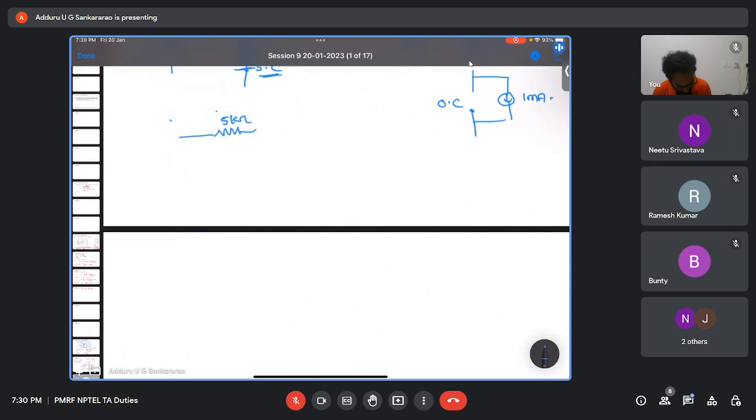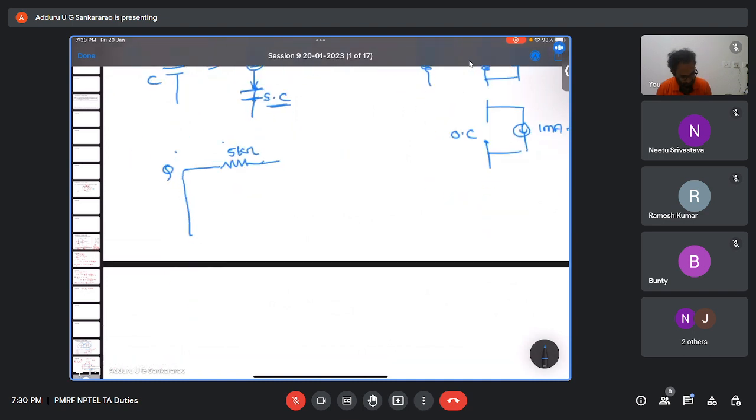It's connected to P or Q, something like this. Instead of the capacitor, I can replace it with Vc of 0 minus.